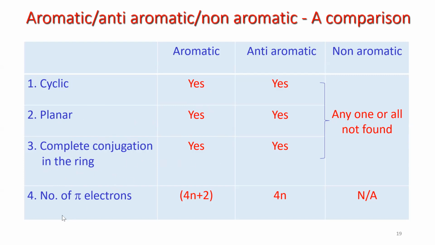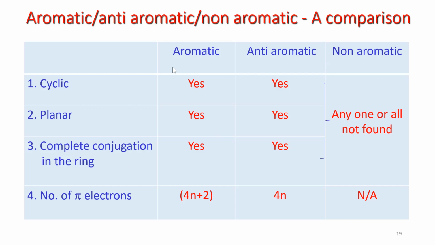And the number of pi electrons is 4n plus 2. N is 1. When the number of pi electrons is 6, that means it is obeying the Huckel number, 4n plus 2.